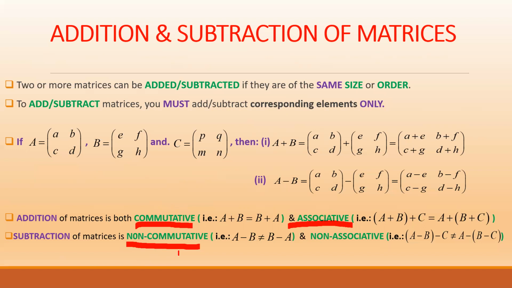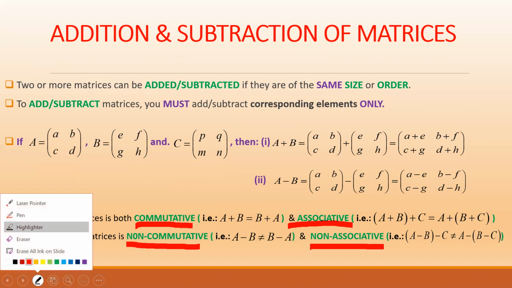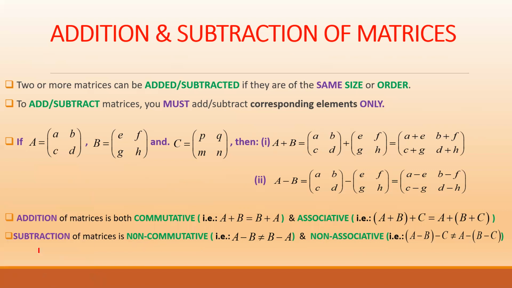And if an operation is not associative, then it would be non-associative or not associative. Okay, guys? So I hope you get those clear. Now, let us look at what this commutative and associative thing is about.